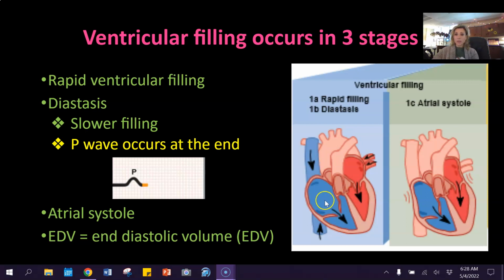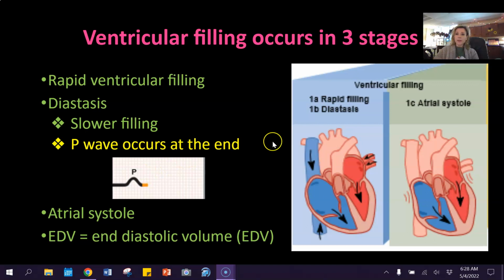And the blood is just passively filling our ventricles. The very first part happens very quickly, and then it starts to slow down a little bit, and it's going to occur before the end of the P wave, which I have pictured for you on the slide.